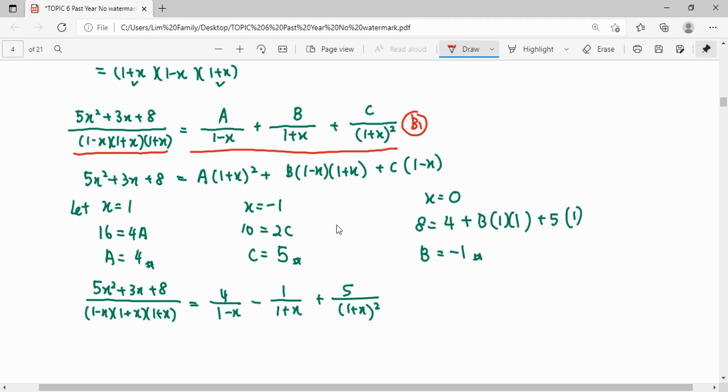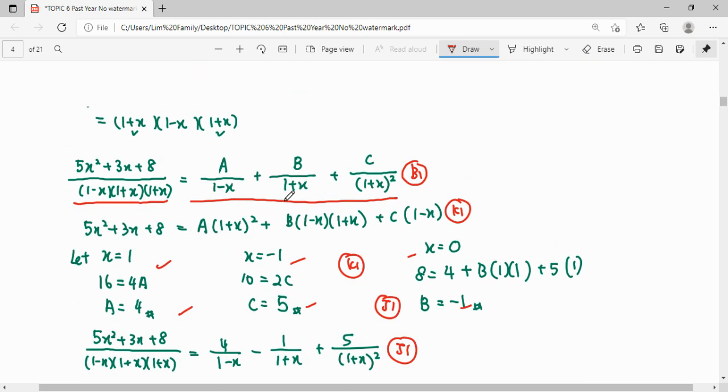Then after that, we build up the equation from the numerator, and we let x take 3 values because we have 3 unknowns to get A, B, C here. So finally, we express that in partial fractions. So that's all for our 5 marks here.